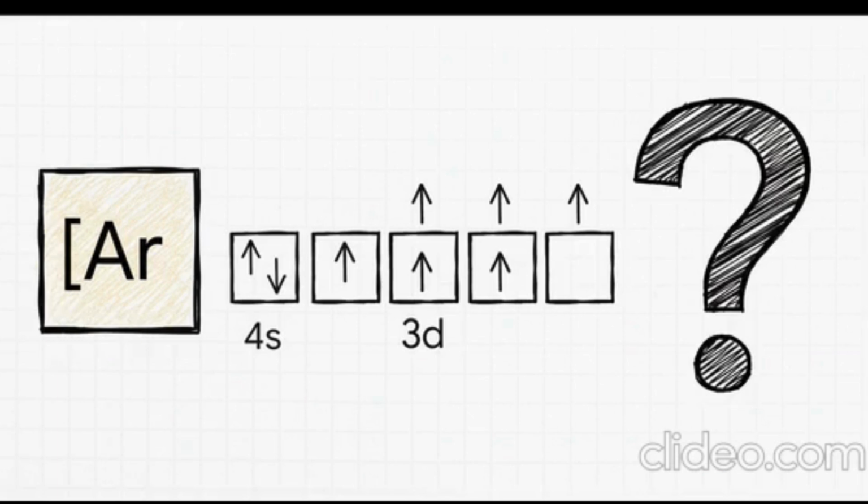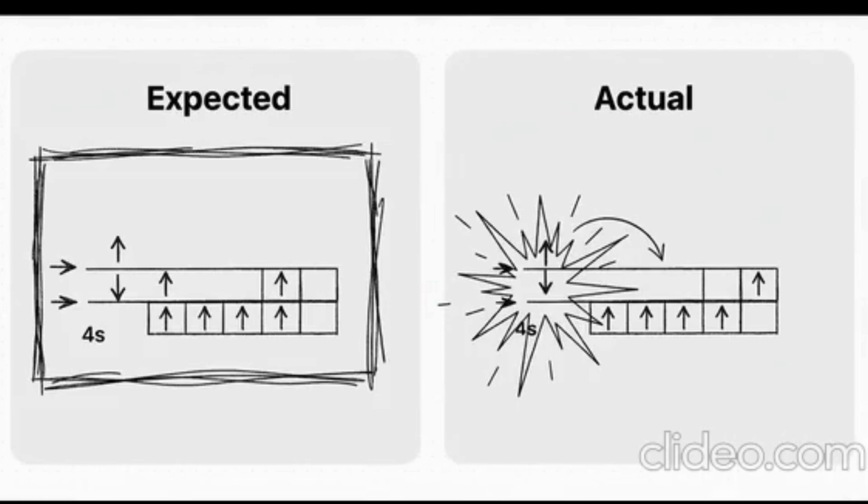Well, nature has other ideas. Because when we actually look at a real chromium atom in nature, we find something different. Instead of what we expected, one electron from that 4s orbital has actually jumped up to the 3d orbital. Now wait a minute. Why on earth would an electron move to a higher energy level? That seems to break our most fundamental rule.